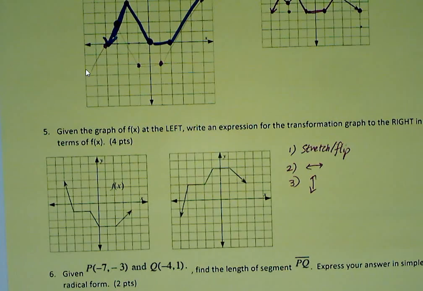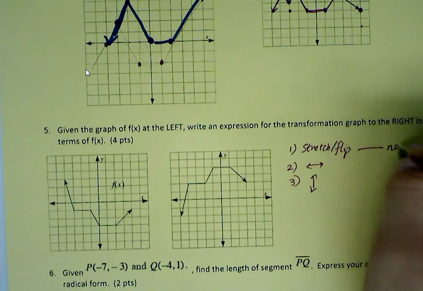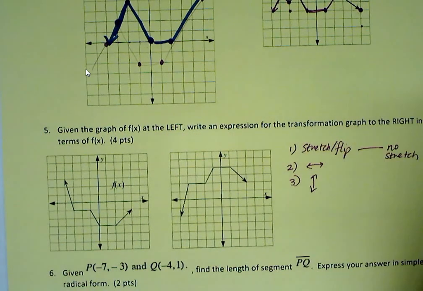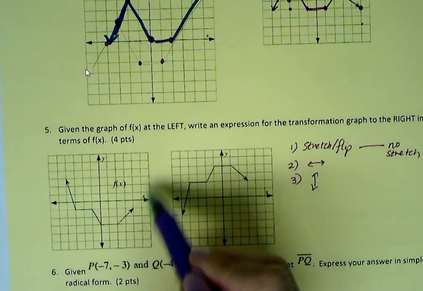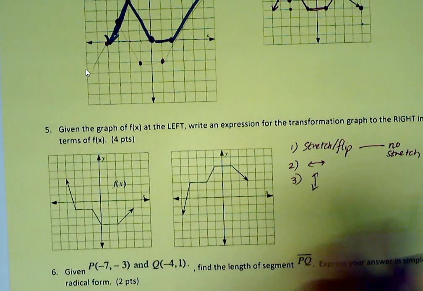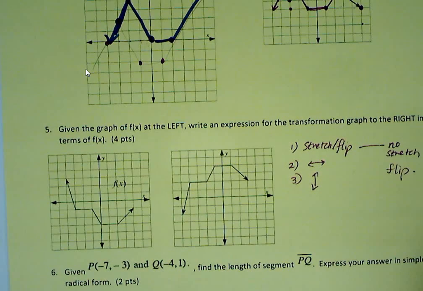Okay? There's a flip. So if I were to flip it, let's graph what it would look like. This area, what's the y value? -1, so it would flip to +1, right? This one right here, what's this point? 3, so it's going to flip to -3.